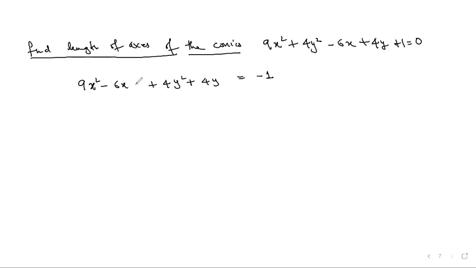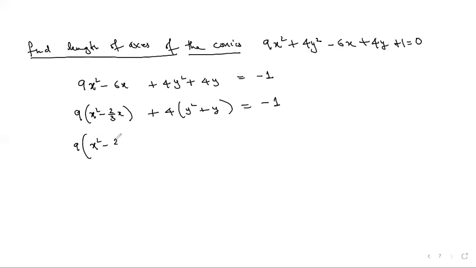Now tell me what should be added to make this a perfect square. This also should be a perfect square. So what should I do? Okay, do one thing. You take 9 common. 6 by 9 means 2 by 3. Take 4 common. Now tell me what should I add to make it a perfect square?